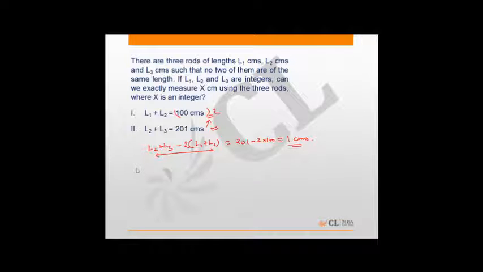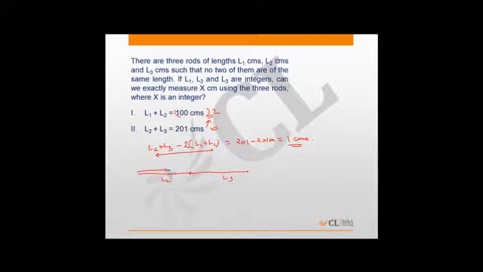Now how do I measure this practically? What I'll do is I'll put a rod of L2, and side by side I'll put L3, and parallel to this I'll put L1 and L2.